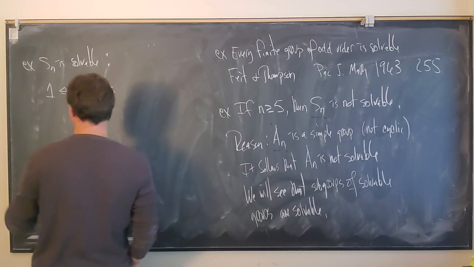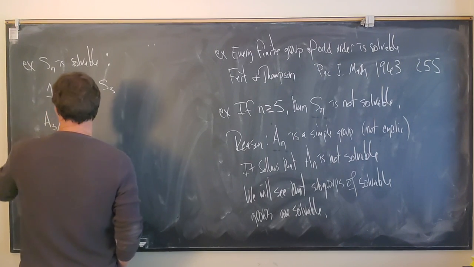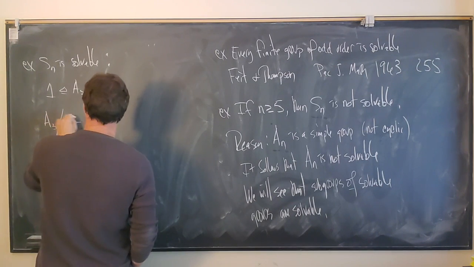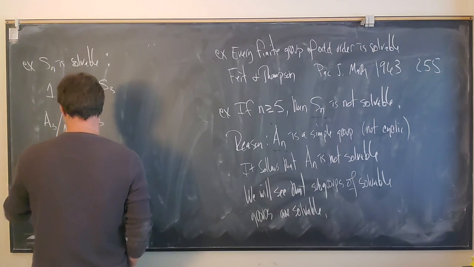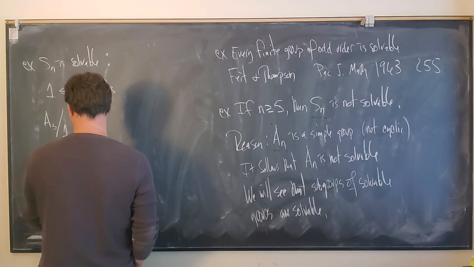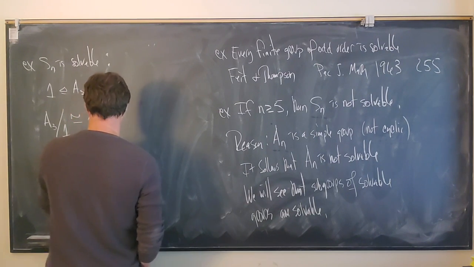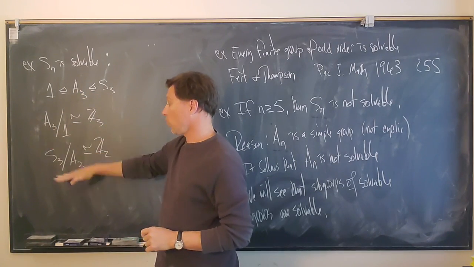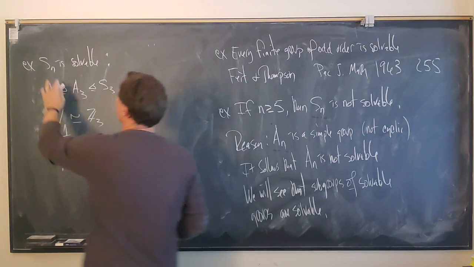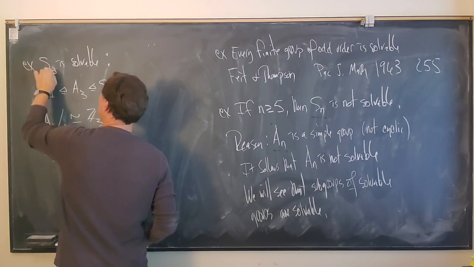And when you look at the quotients, A3 mod the identity is isomorphic to Z3, which is cyclic, and S3 mod A3 is isomorphic to Z2. So we have a subnormal sequence for which we get cyclic quotients. Oh, sorry, I said S_n. I should have put S3 there.